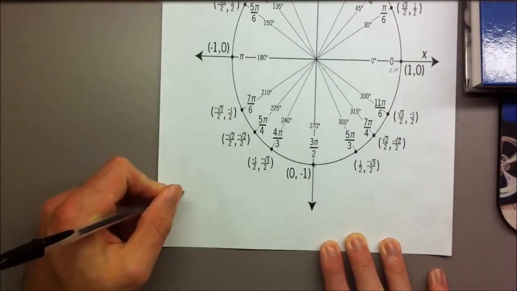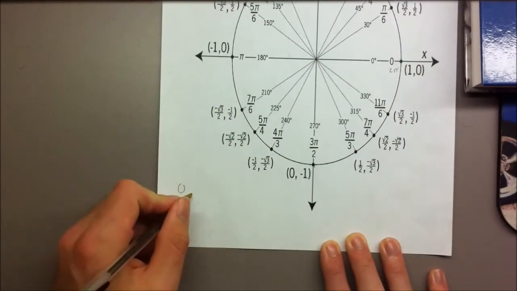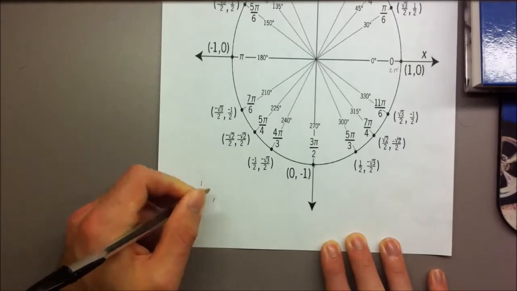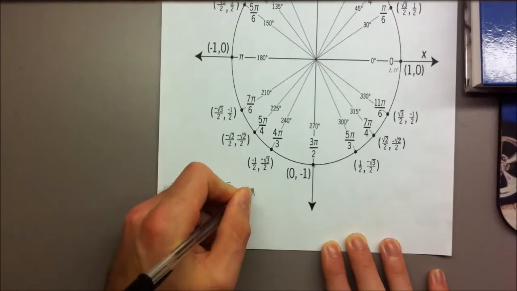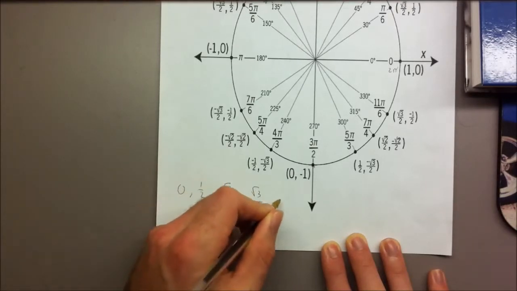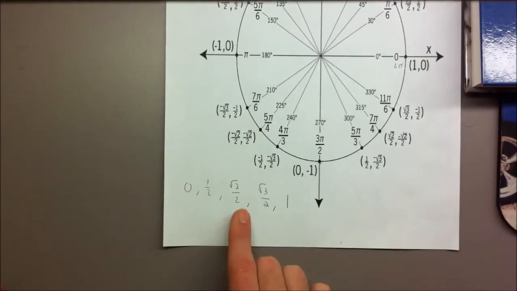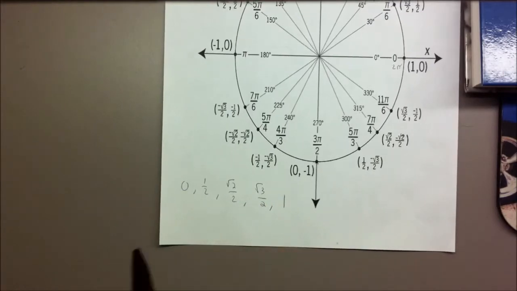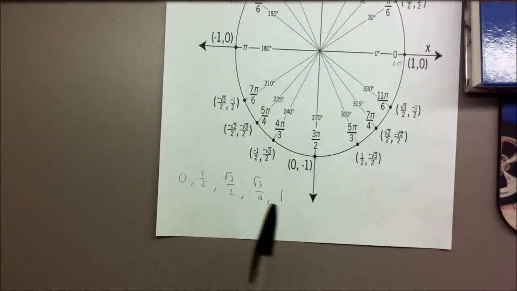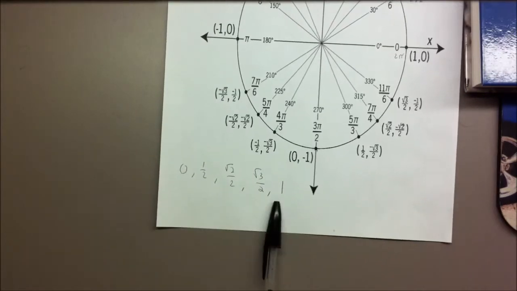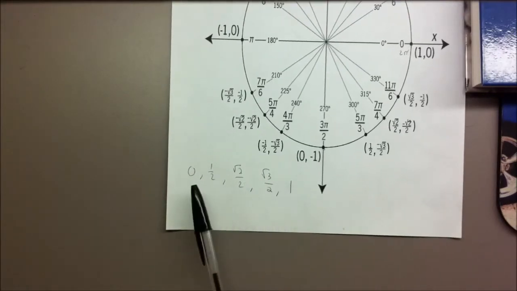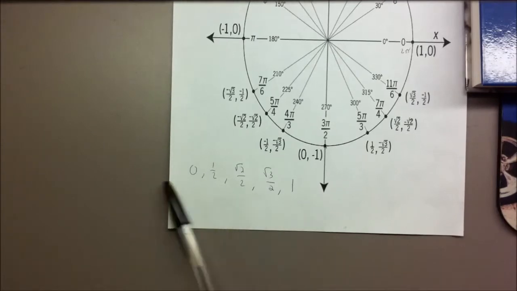I'm going to write it at the bottom. 0, 1/2, square root of 2 over 2, square root of 3 over 2, 1. And these could be positive or negative, plus or minus, right? So in this order, 0, 1/2, square root of 2 over 2, root 3 over 2, 1. That's from smallest to biggest value. You can have x or y be any of these values.